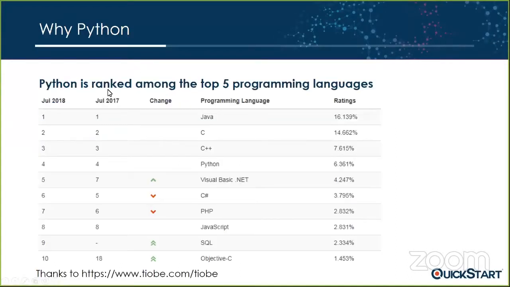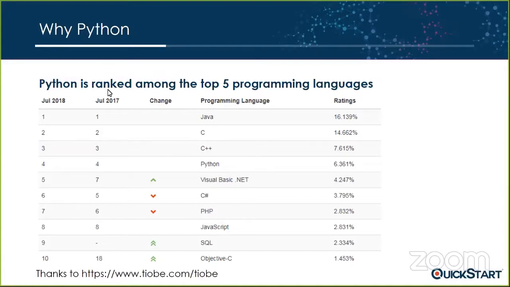Let's talk about some statistics. Python is ranked among the top 5 programming languages. This is a chart produced by TIOBE. The TIOBE Programming Community Index is an indicator of the popularity of programming languages.